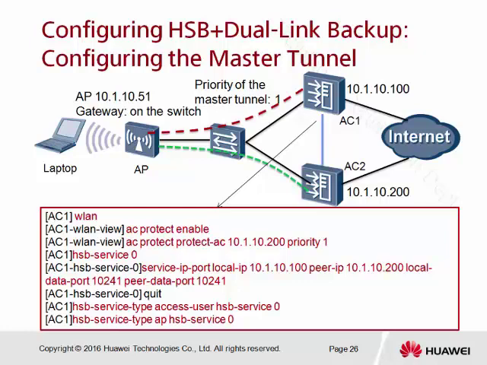After finishing the peering configuration, we return to the system view. On the system view, we need to enable the HSB service. We tell the AC that it is now using the HSB service for the access user, and the same for the AP: the AP is also using HSB service 0.